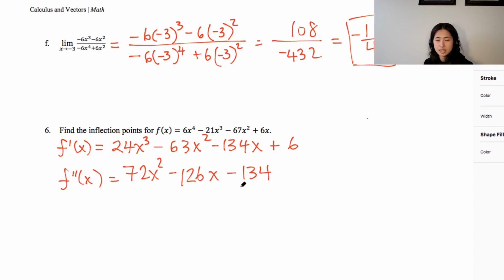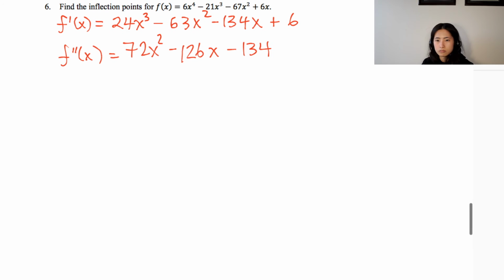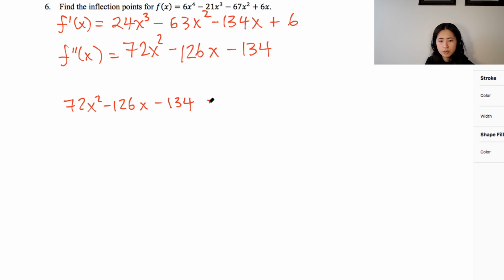And guess what? Because it's an inflection point that you're looking for, you need to equate this to 0. So 72x squared minus 126x minus 134 should be equal to 0, and you're going to apply the quadratic formula. But before that, right off the bat, I can divide everything by 2 because I know that I can simplify this.